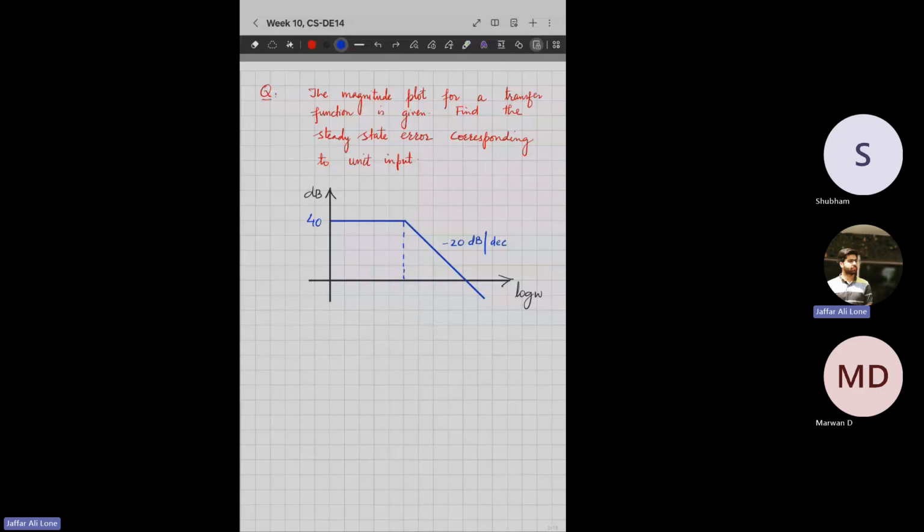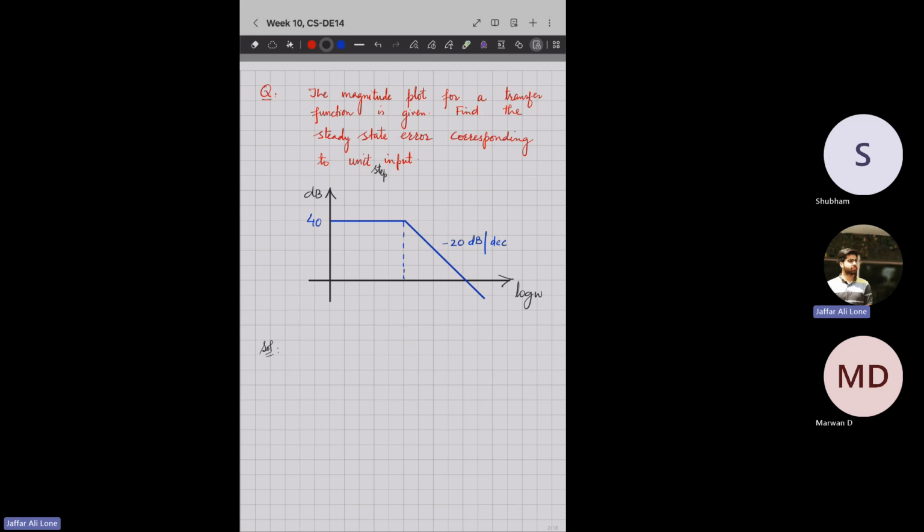If you recall, we studied this in, I think, week 3 or week 4 when we studied second order systems: steady state error for a type 0 system is finite only when a unit step input is applied. Similarly, for a type 1 system, steady state error is only finite if a ramp input is applied. For a type 2 system, steady state error is only finite if a parabolic input is applied.